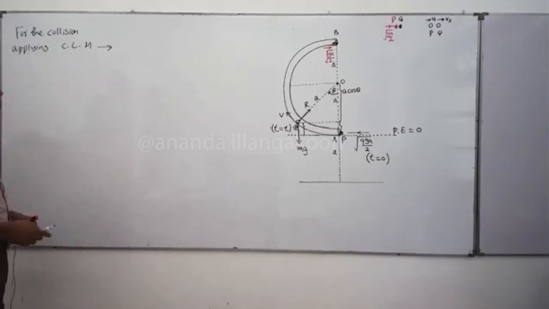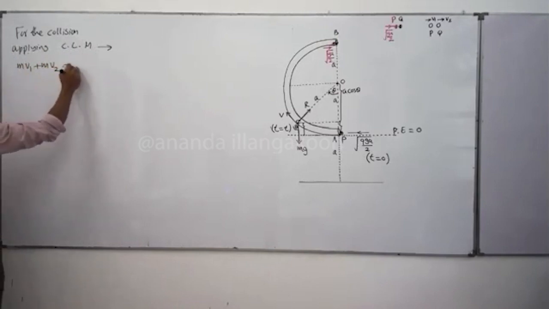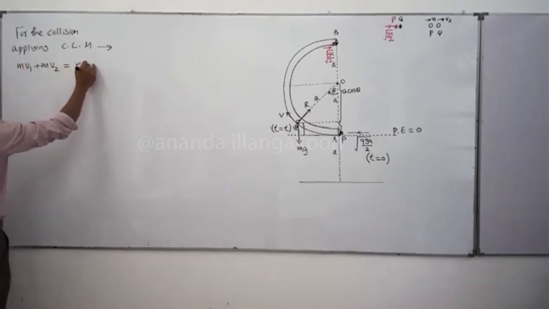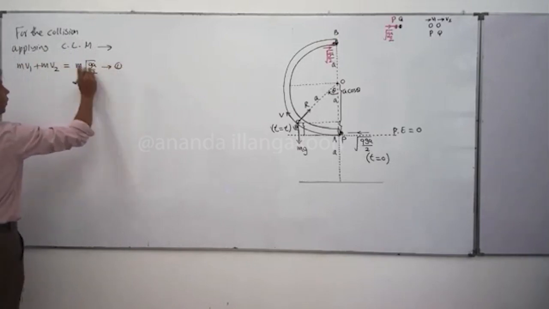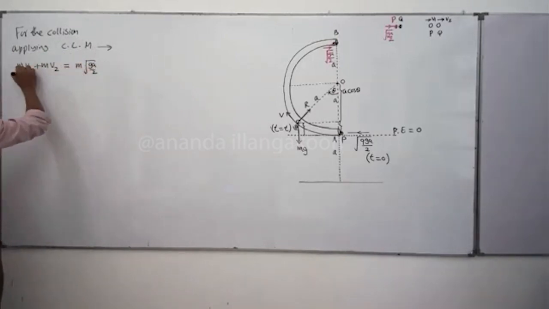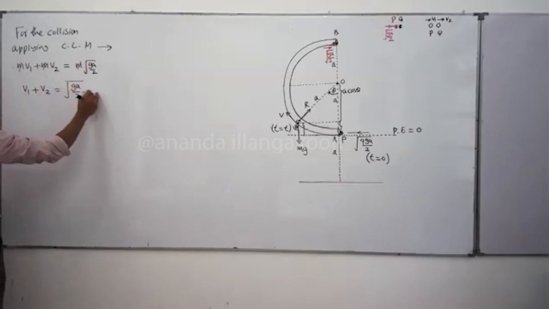After impact, the total momentum in the rightward direction is mv1 plus mv2, which is equal to the momentum before impact, m root ga by 2. We can cancel this m first. v1 plus v2 is equal to root ga by 2. This is number 1.